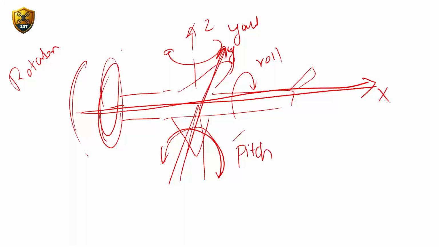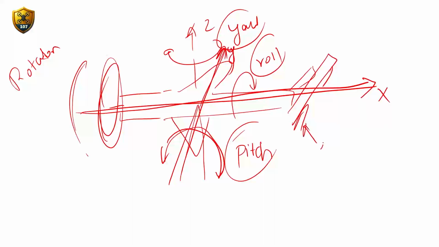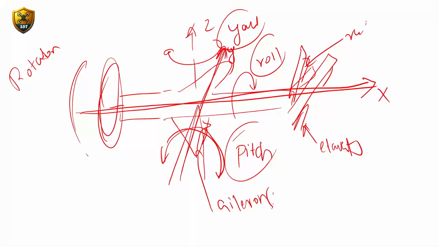An unmanned aerial vehicle can exhibit these types of rotations: pitch, roll, and yaw, right? This is really important. In an aircraft, to pitch up, we use the elevators. To roll, we use the ailerons, and to yaw, we basically use the rudder.